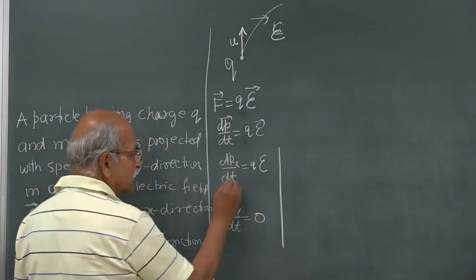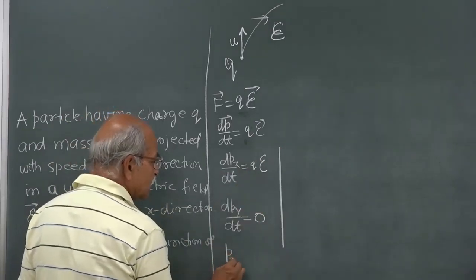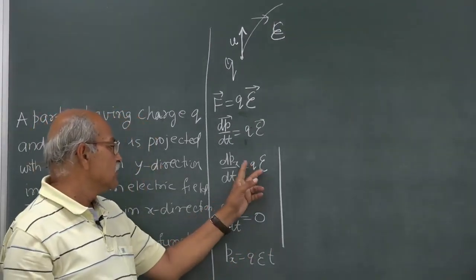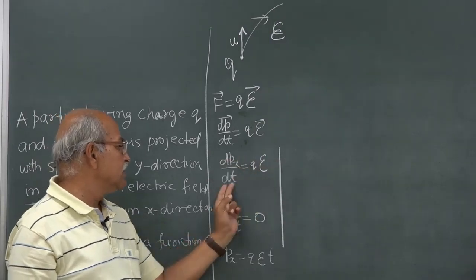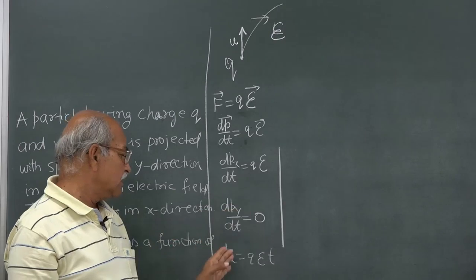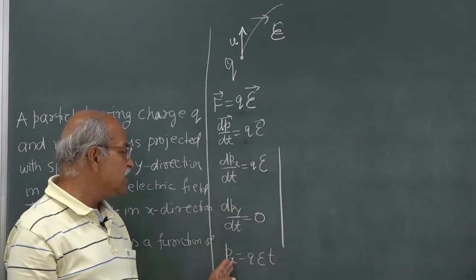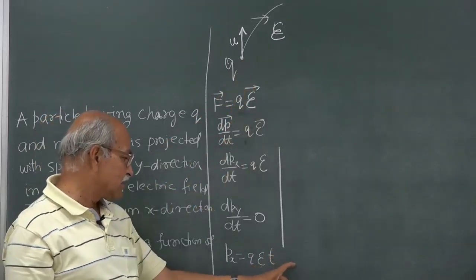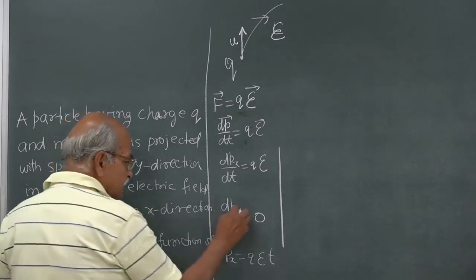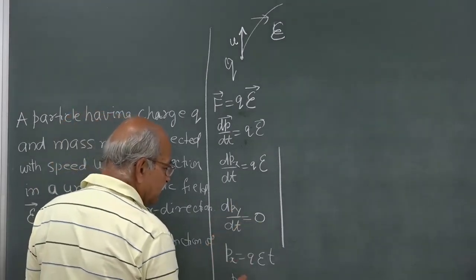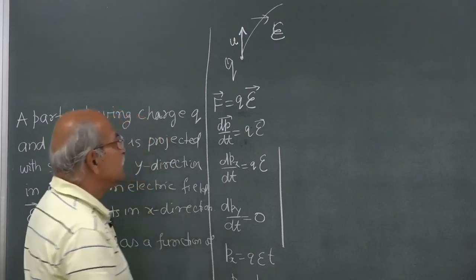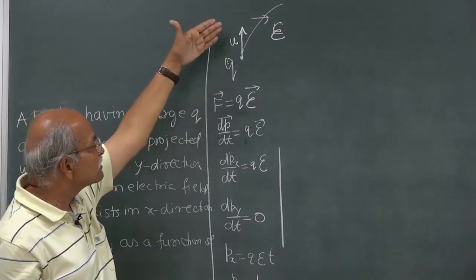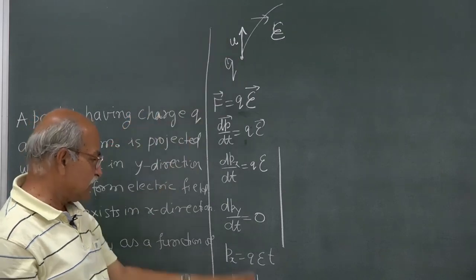So, from here you can integrate: dpx is qE dt, and then you get px equal to qEt, because this is constant. Initially there is no linear momentum component in x direction, so there is no integration constant here. And this equation will give you py equal to constant, that is p naught, the initial linear momentum, m naught times u divided by square root of 1 minus u square by c square.